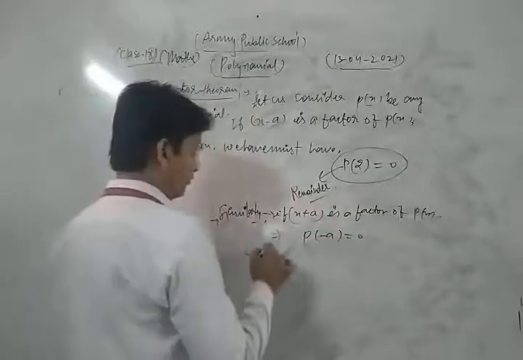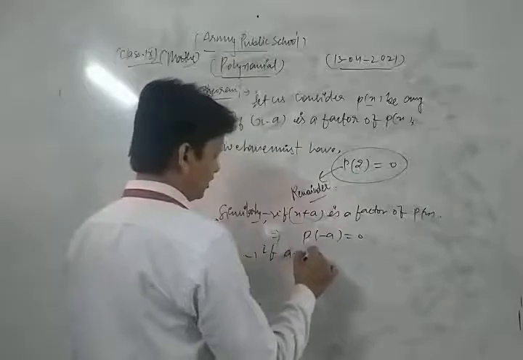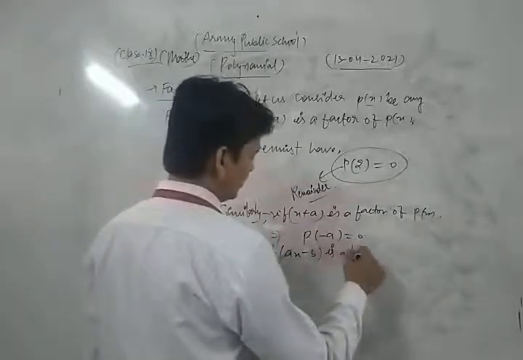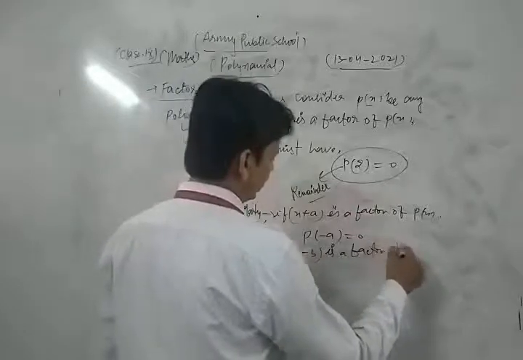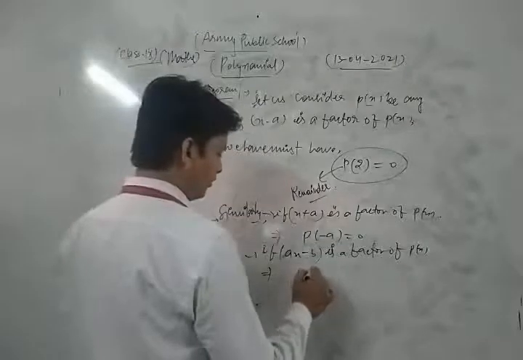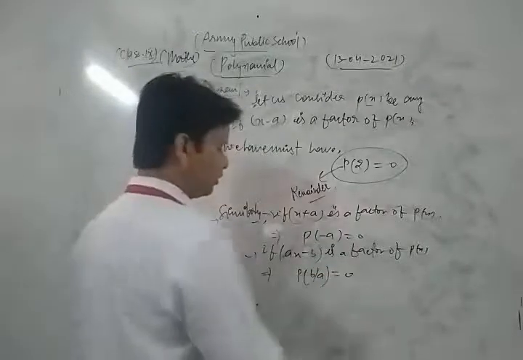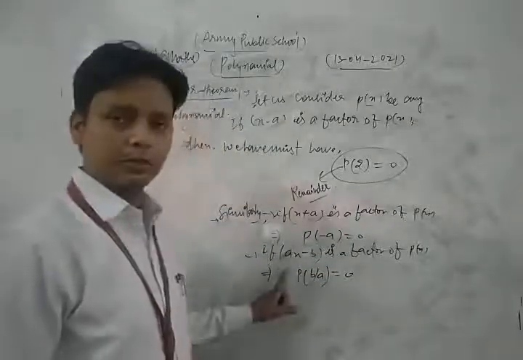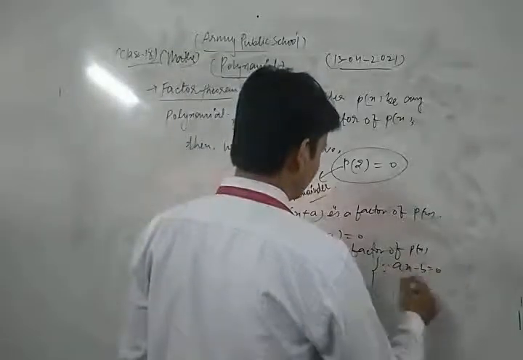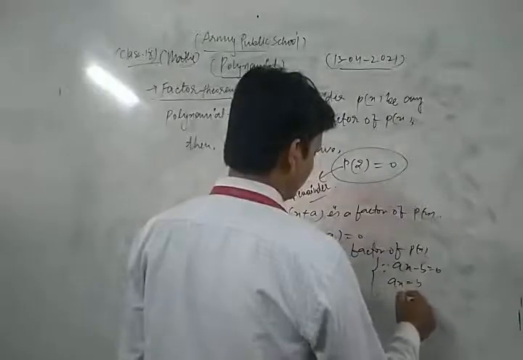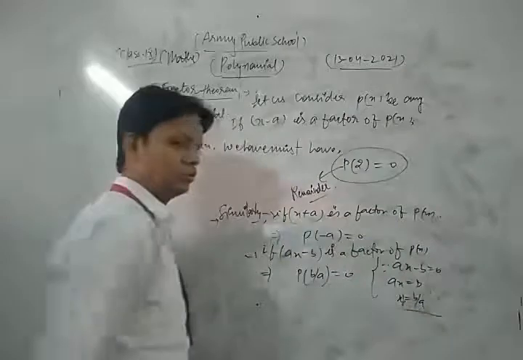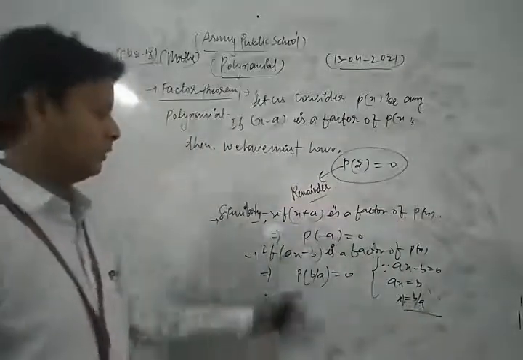If ax minus b is a factor of the polynomial p(x), then p(b/a) must be equal to 0, meaning its remainder must be 0. That means we first take ax minus b equal to 0, so ax is equal to b, so x is equal to b by a. Using that concept we get this result.